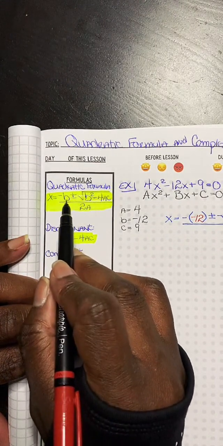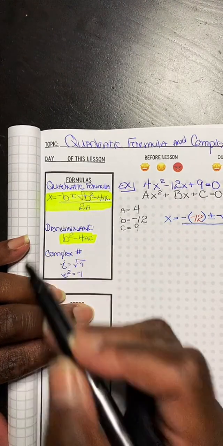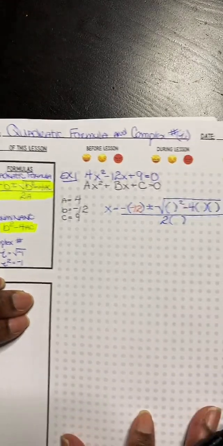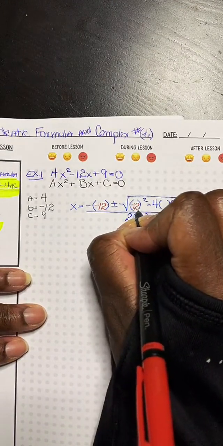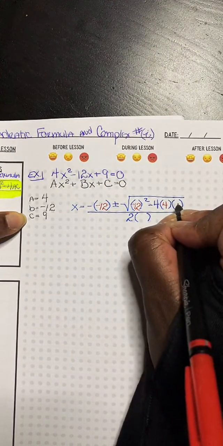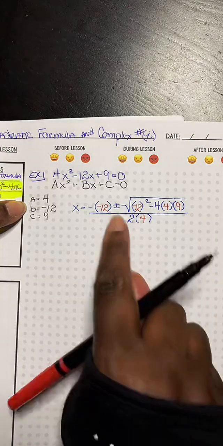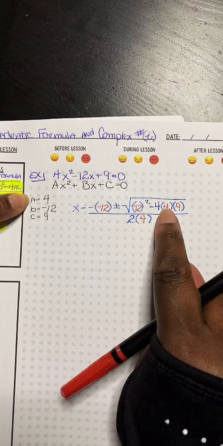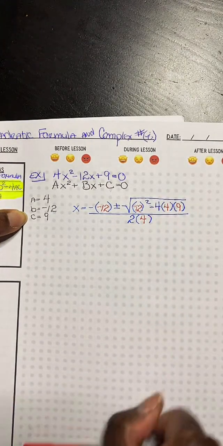No, you're only replacing the b. That negative stays outside until you do some operation to change it. So negative 12 goes here as well. My a is 4, my c is 9, and my a is 4. So we're plugging in the b values twice, the a values twice, and the c value only once.